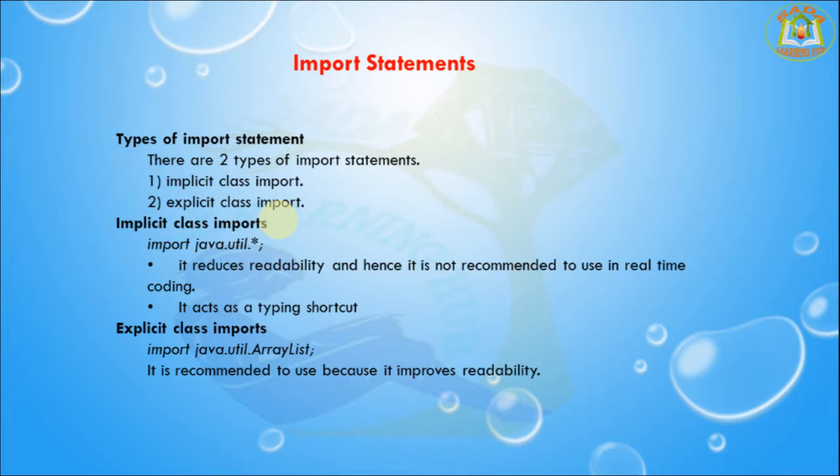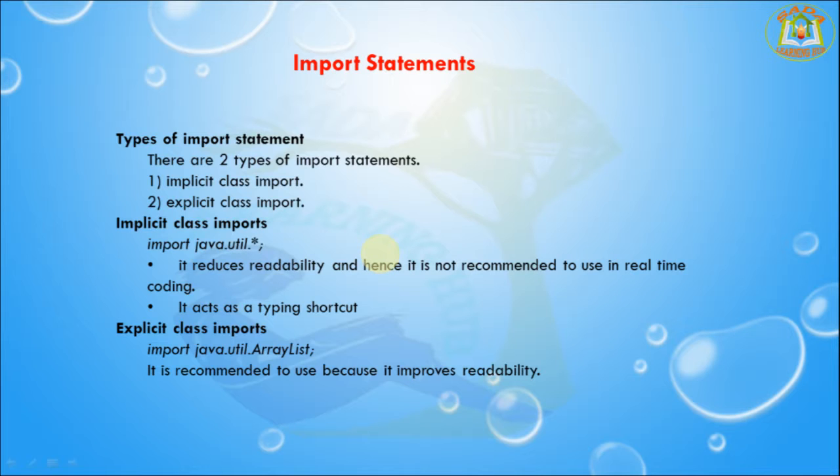Best suitable where readability is important. Implicit class imports, import java.util.*. It is never recommended because it reduces the readability of the code. Why? Because here we mention the star.